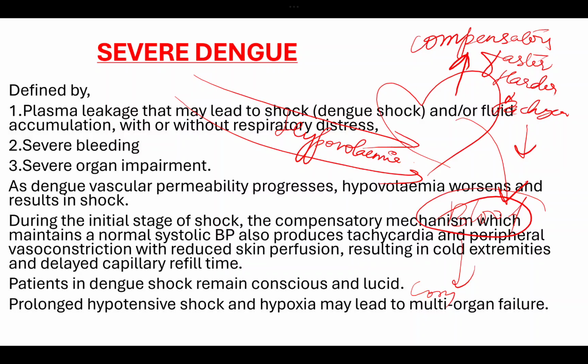In order to maintain a normal blood pressure, the heart is trying to beat faster, producing tachycardia, and it also tries to constrict the blood vessels.